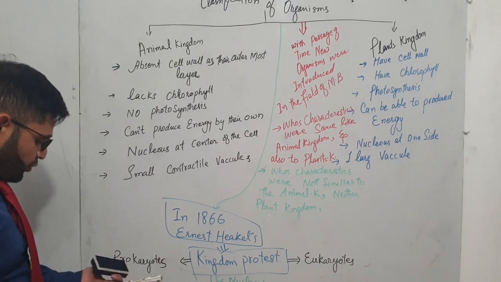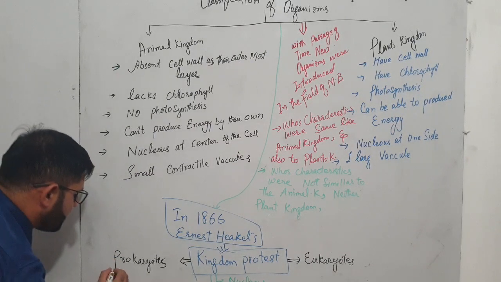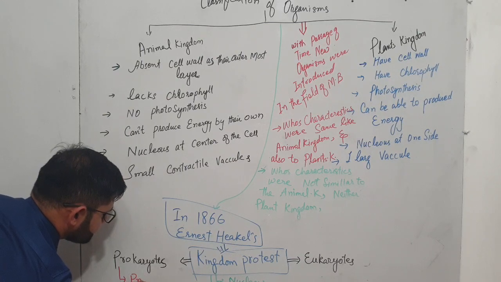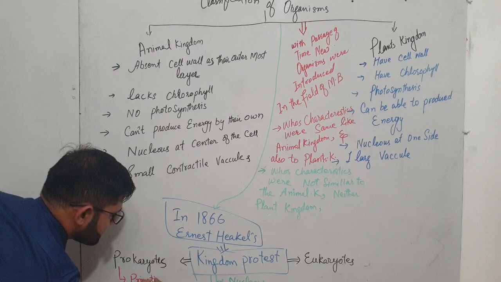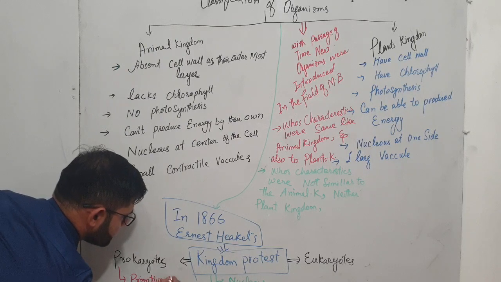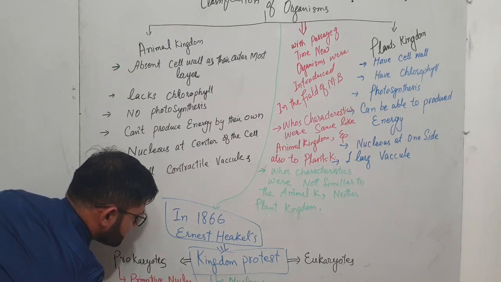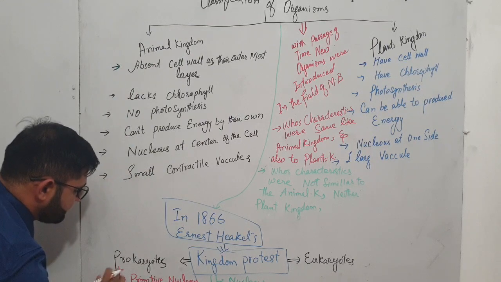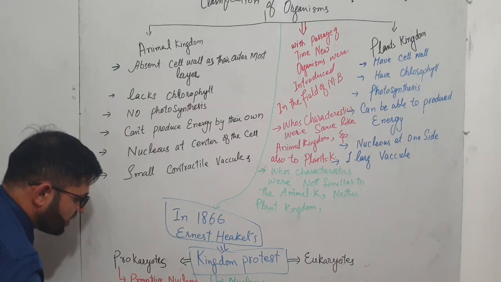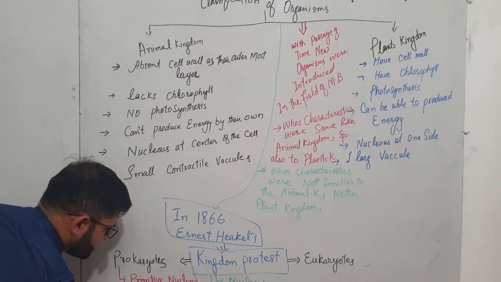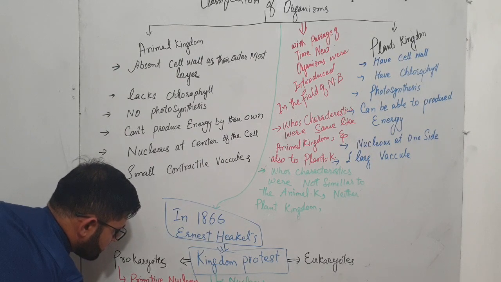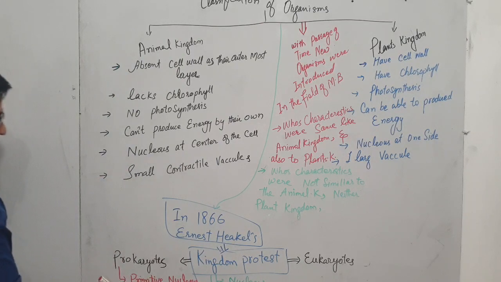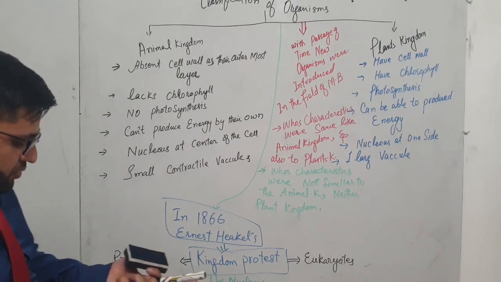In the prokaryotes, all those organisms were placed which carry a primitive nucleus. Primitive means that the nucleus of this group of organisms is not mature, an immature nucleus. What is a primitive nucleus?